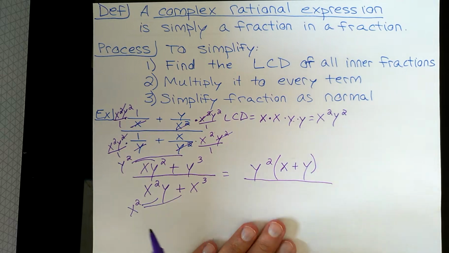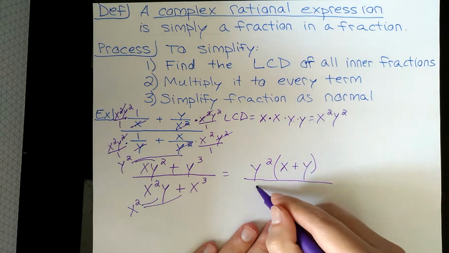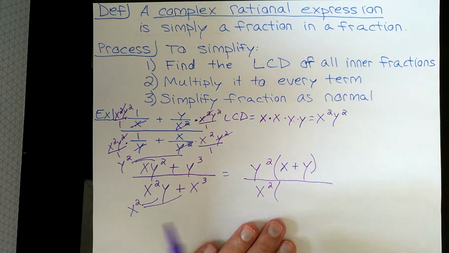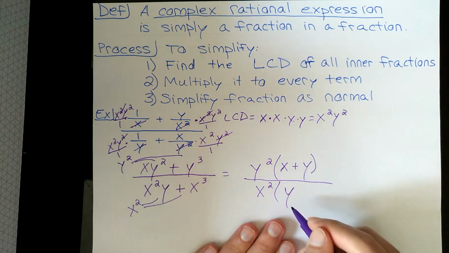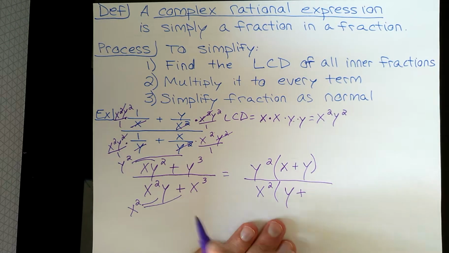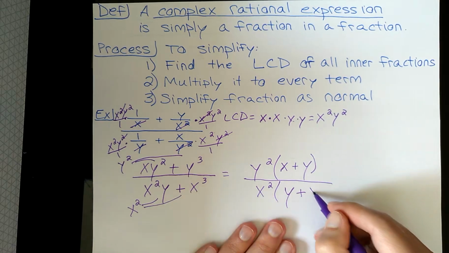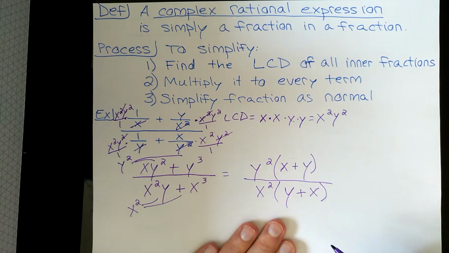And that's all over. Taking out an x squared, we have x squared y. We factored out an x squared from it, or we divided it by x squared. We'd be left with just y plus x cubed divided by x squared would leave us with just x.